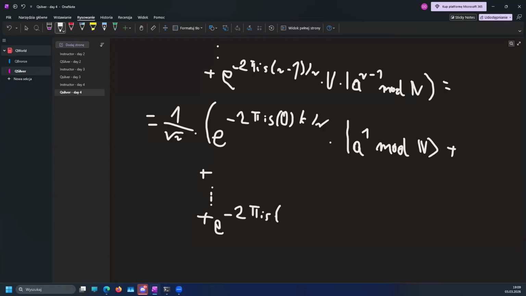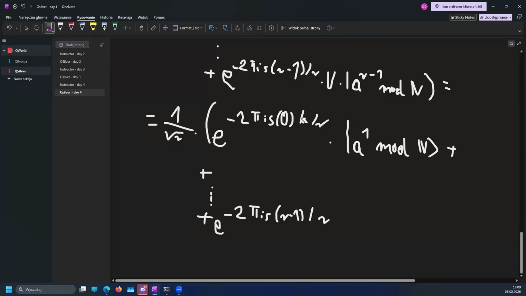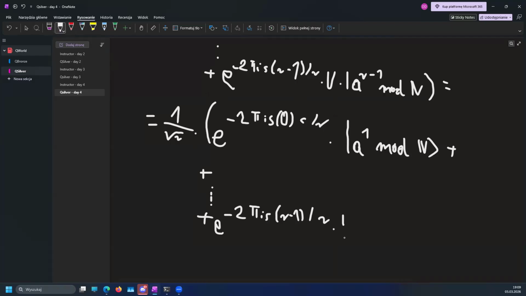Here we're going to get r minus 1 again, divided by r. Sorry, like this, it shouldn't be there. And this, yes, so we have a to the power of r minus 1, so now we will have a to the power of r.